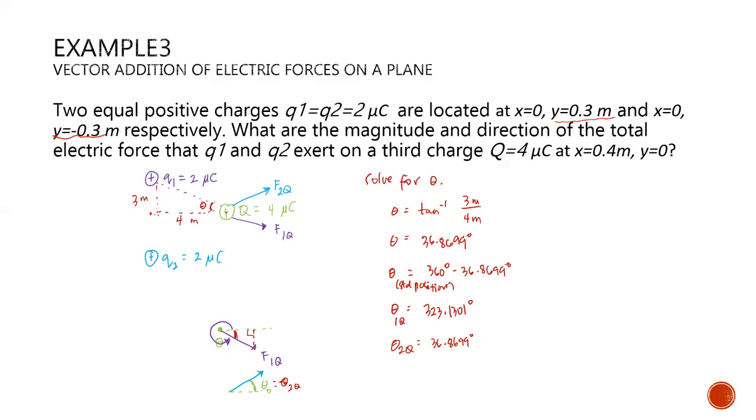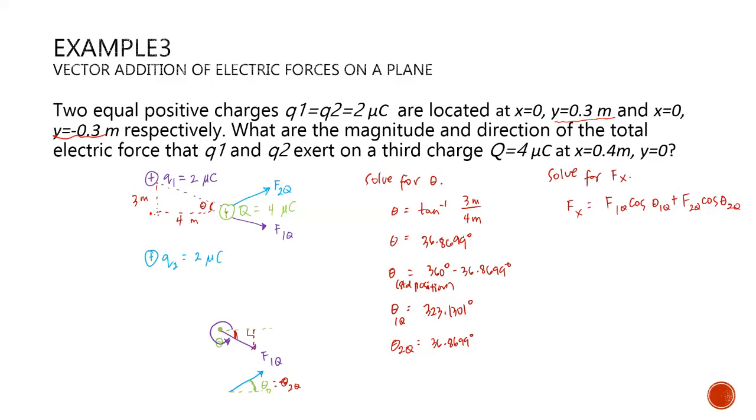Now we can solve for the total force along the x-axis. That would be the magnitude of F sub 1Q times cosine of theta sub 1Q, plus the magnitude of F sub 2Q times cosine of theta sub 2Q. For F sub y later, we can use the sine component.